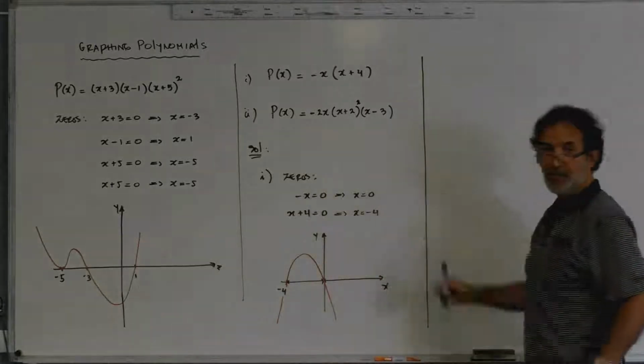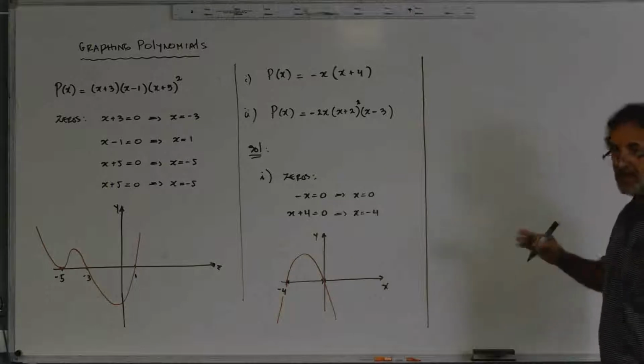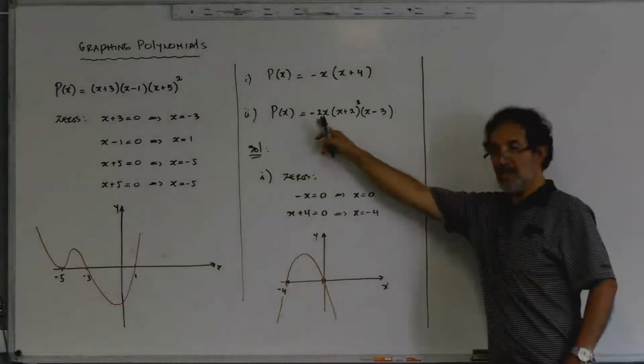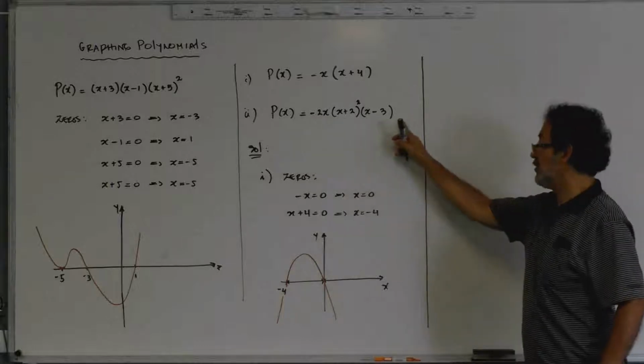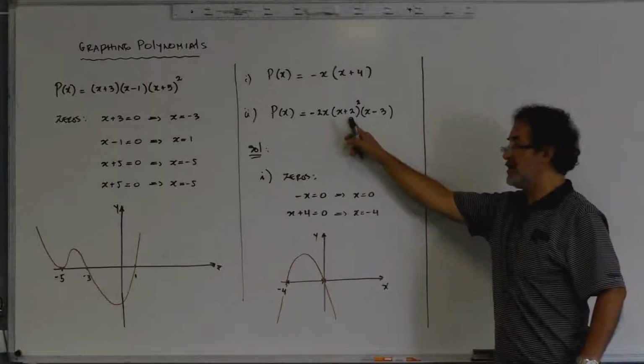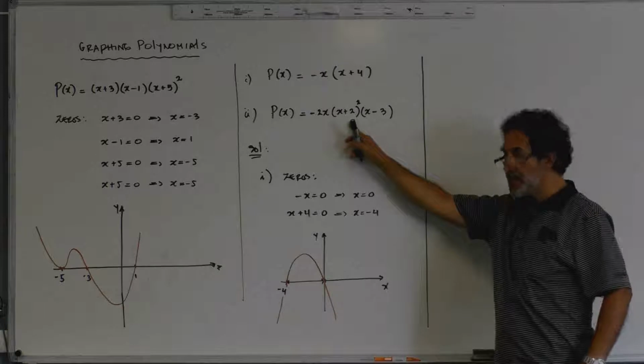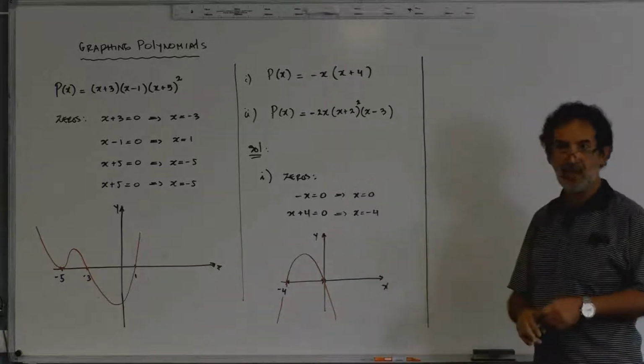Okay, do the next one. For the next one, again, you've got to be careful because you have a negative in front of the x in here. And we have a double root at negative 2. And this is another quartic.